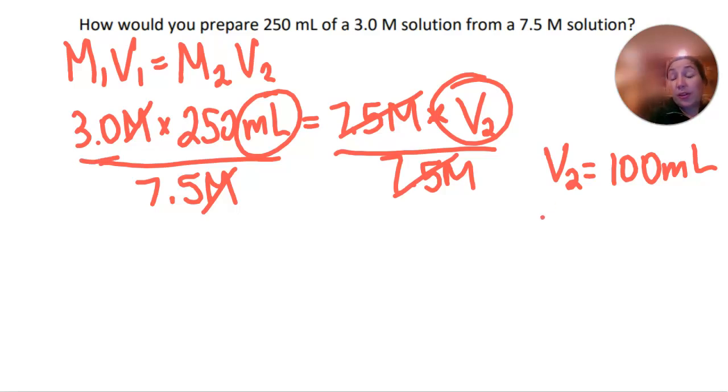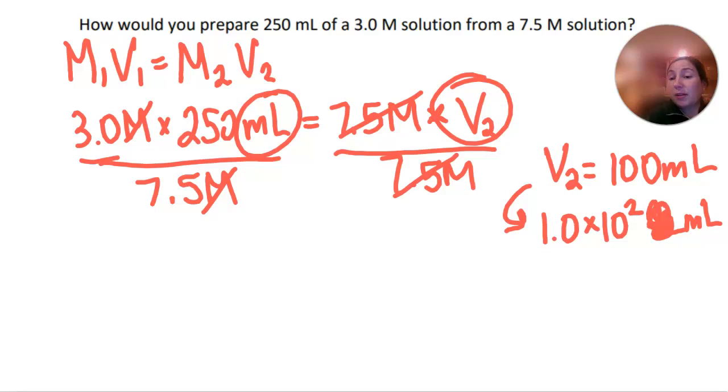So you could either convert that to scientific notation, like 1 times 10 to the second milliliters. That would still be in milliliters, right? We've just taken this and converted it to scientific notation.